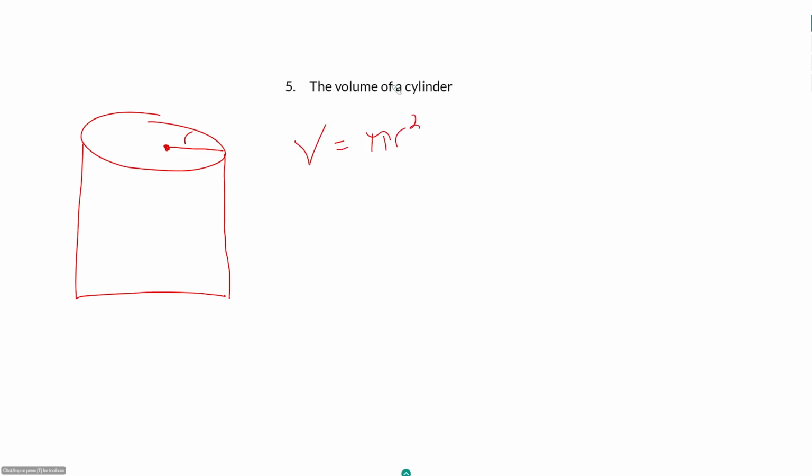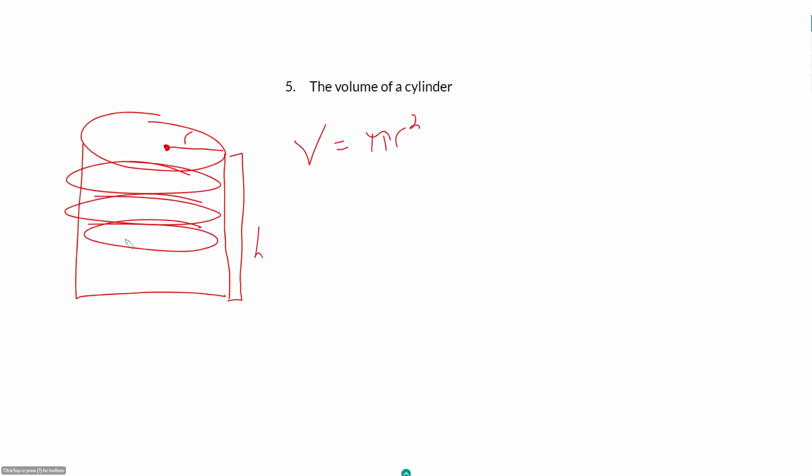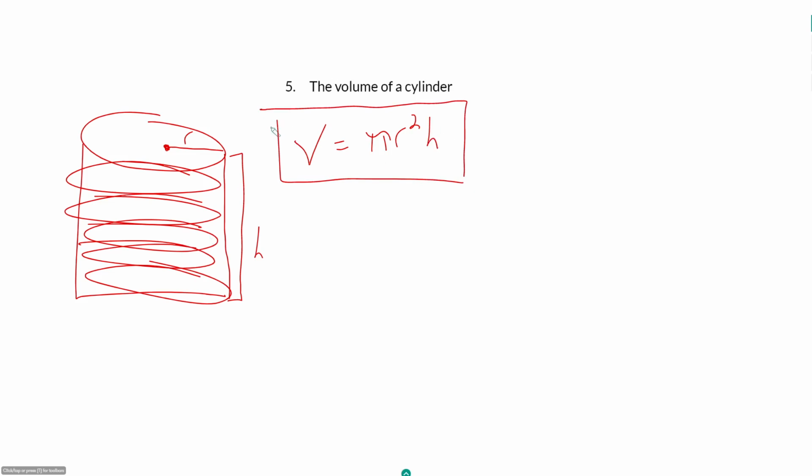To find the volume of our 3D cylinder, we need to multiply that by the number of pancakes we have stacked on top of each other, also known as the height. The volume of a cylinder is just pi r squared times h, where r is the radius, h is the height.